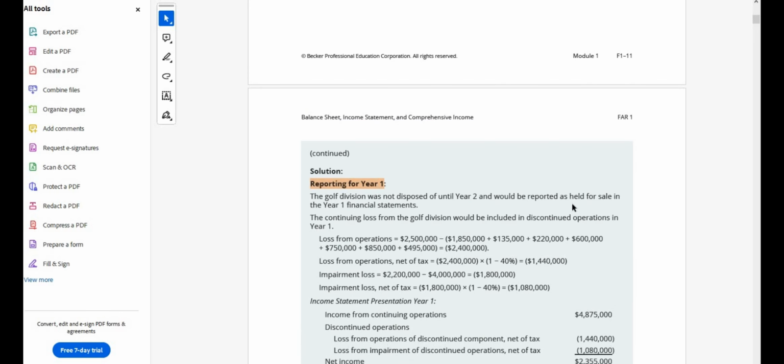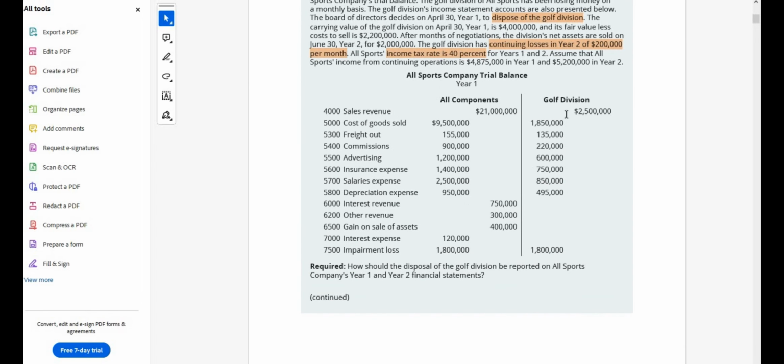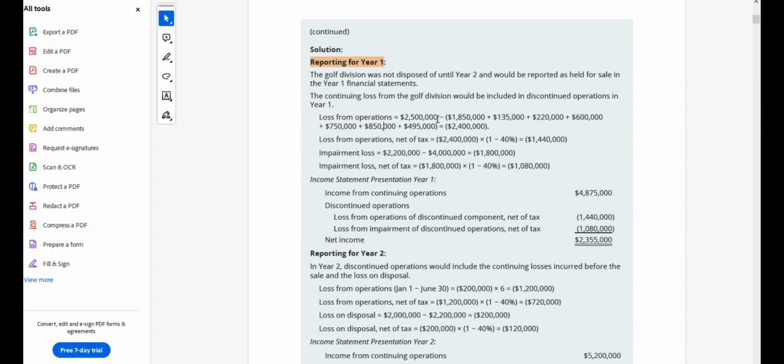So let us solve the solution. Loss from operations: sales revenue is 25 lakh, and we need to deduct all the expenses, from 18,50,000 to 4,95,000. After deducting all the expenses from revenue, we get a loss of 2,40,000.